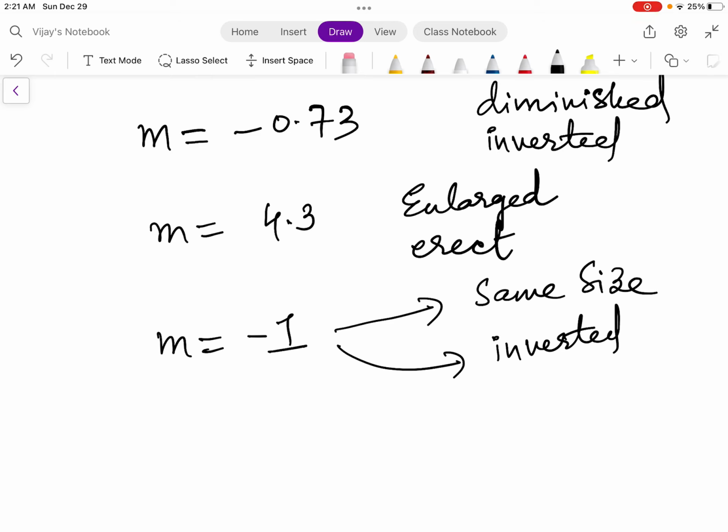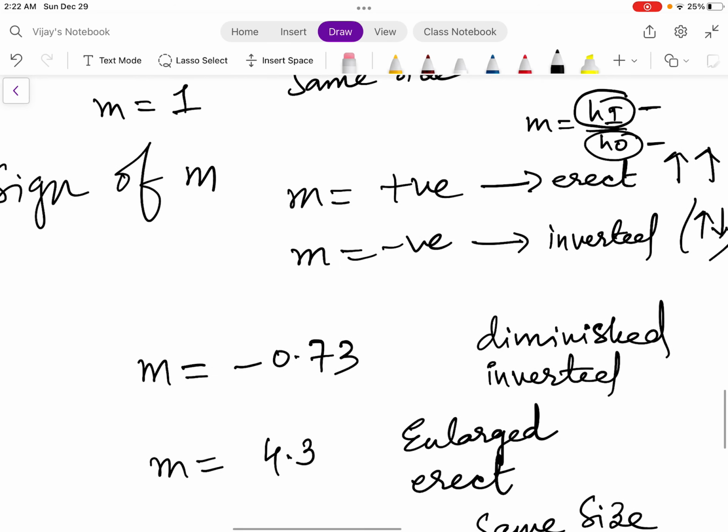And from the sign, you can know whether it is inverted or erect, and from that you can predict the nature of the images. So using the formulas which I have given you for magnification and the mirror formula, you can solve numericals in the exam as far as spherical mirrors are concerned.